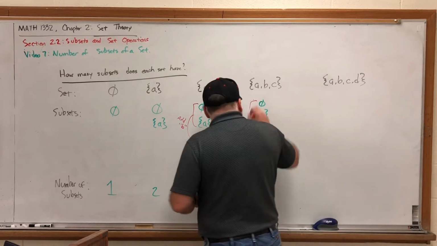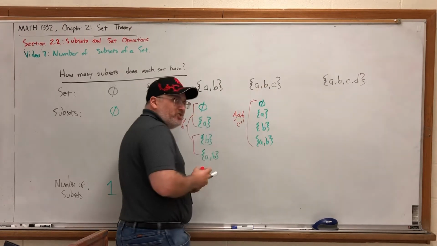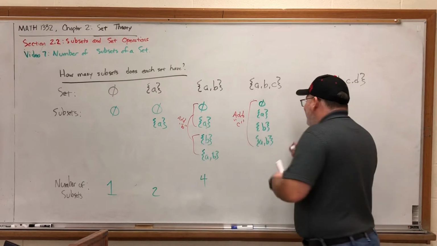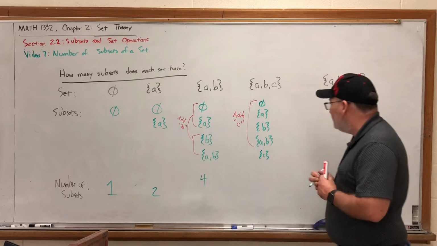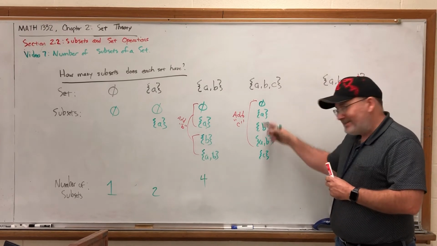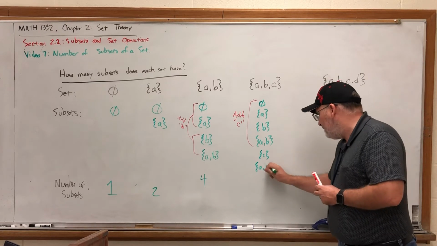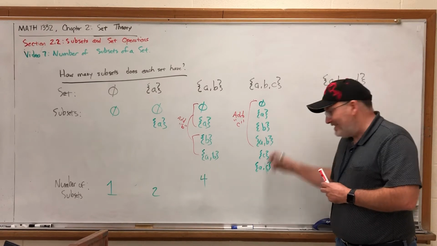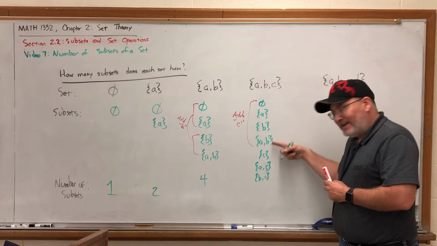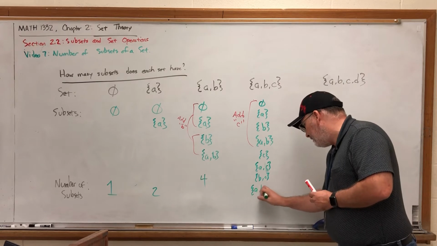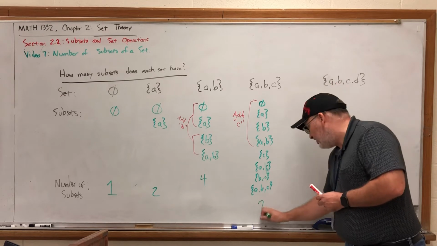I'm going to take all of these sets and add C to them because now C is an option. If I add C to the empty set, I get the set containing only C. If I add C to this set, I get the set containing A and C. If I add C to this set, I get the set containing B and C. And if I add C to this set, I get the set containing A, B, and C. The entire set. Which means now I have 4 twice, which is 8.